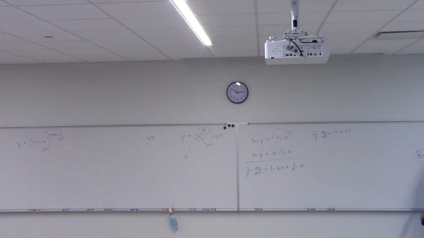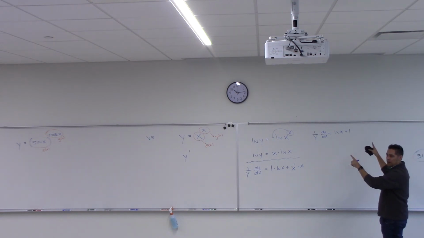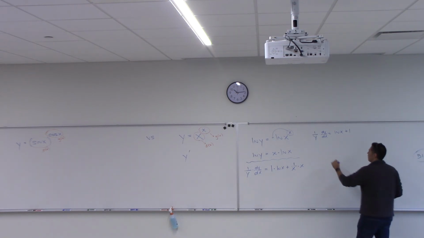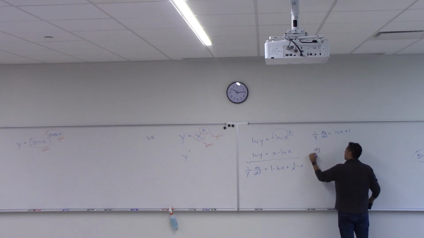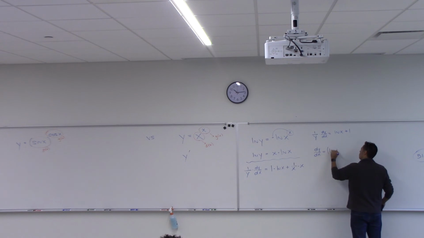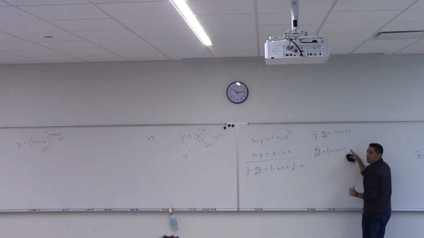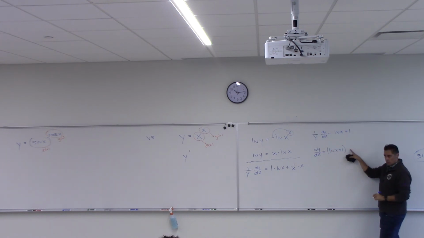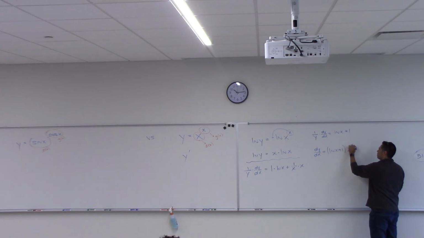What's the last step? Multiply both sides by y to get dy dx by itself. If I multiply both sides by y, I get natural log of x plus 1 times y. But what's y? x raised to the x.